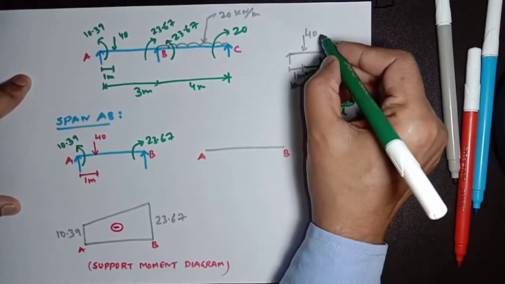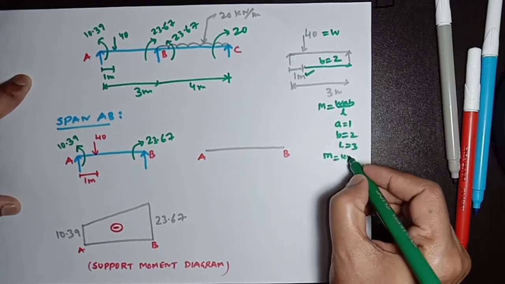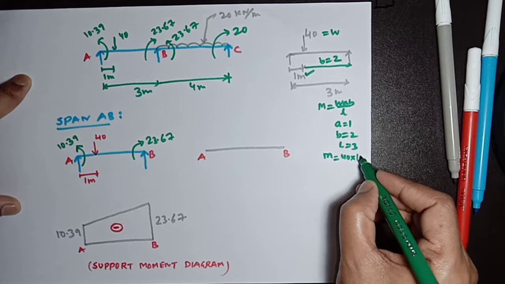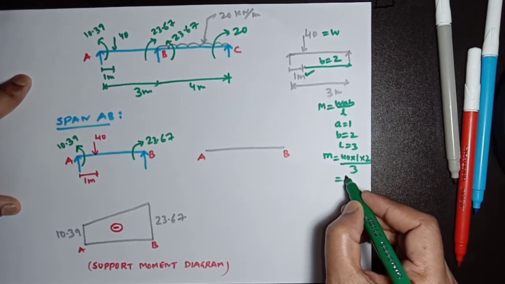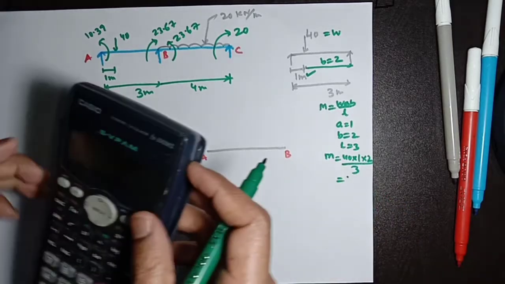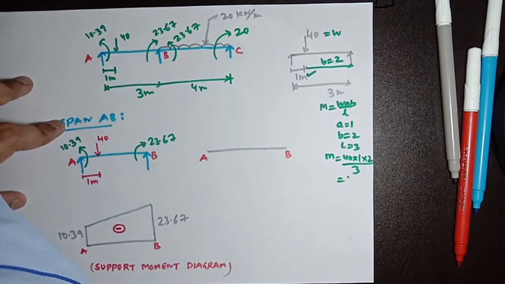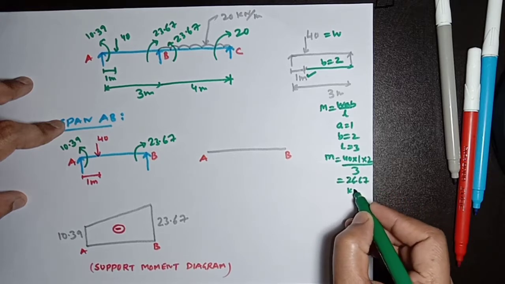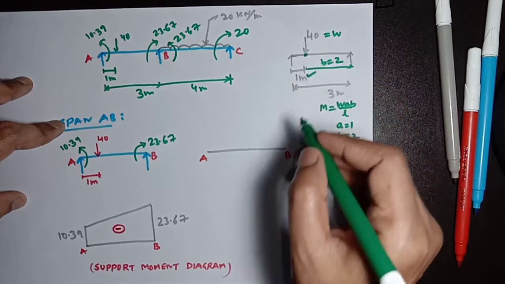W is 40, so the moment will be 40 multiplied by 1 and 2, divided by 3. 40 into 2 divided by 3 will be 26.67 kilonewton meter. This is the maximum moment at this point.